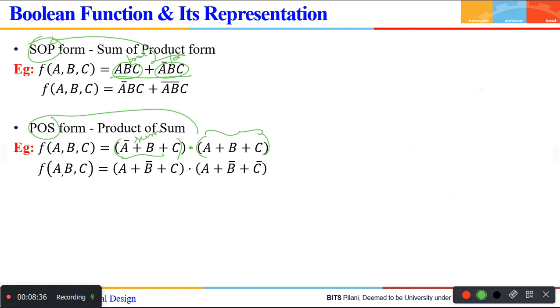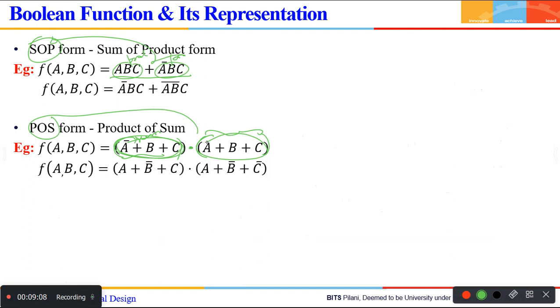Similarly, this is one sum term, and this is another sum term. Those terms are taken as a product here, and as a sum here. There is a specific name given to this. The terms in the sum of products are called min terms. In the product of sums, they are called max terms.